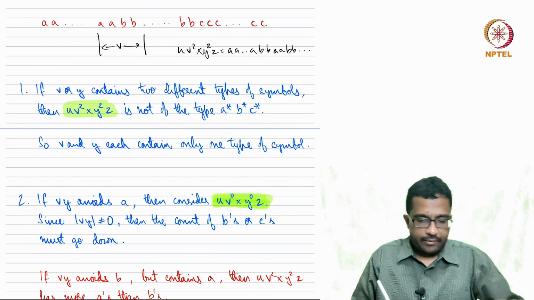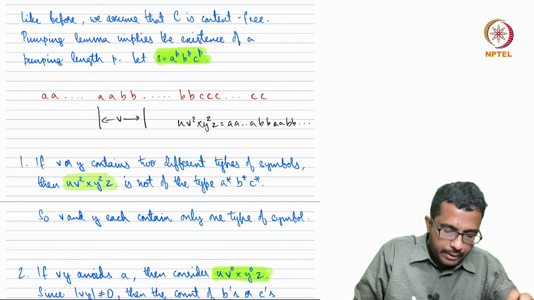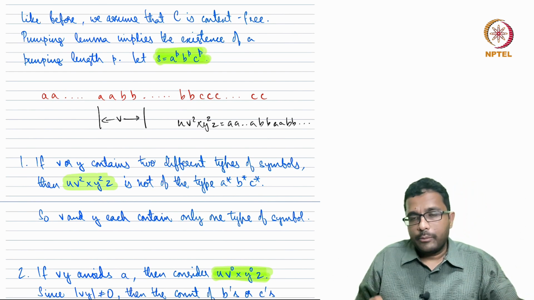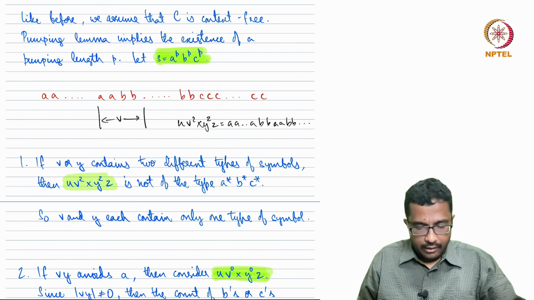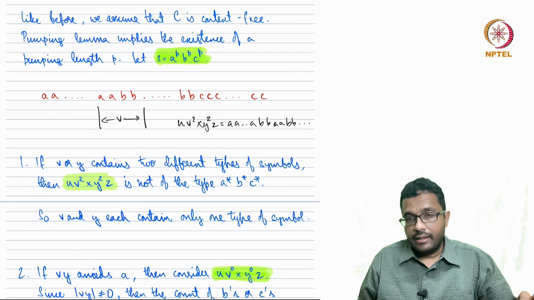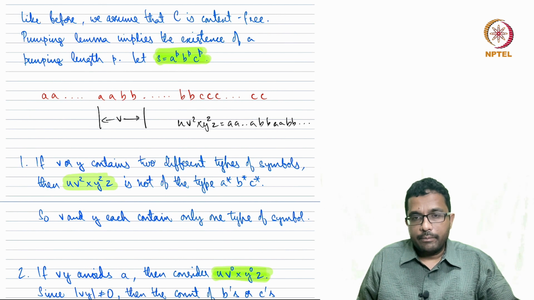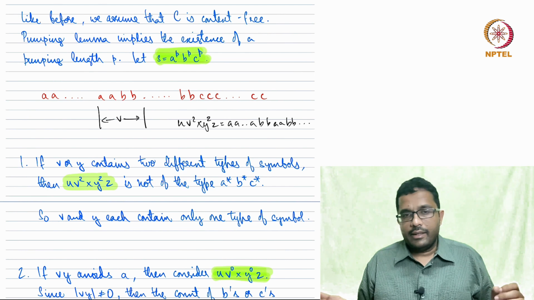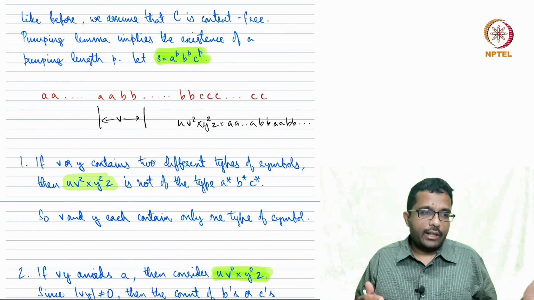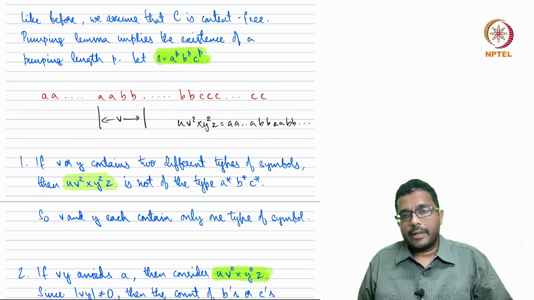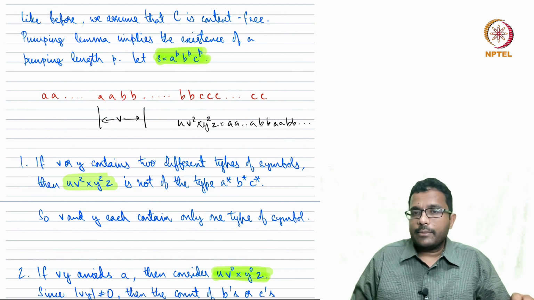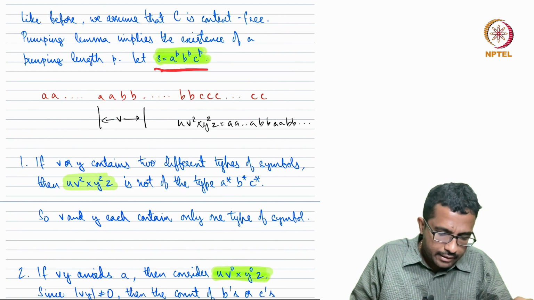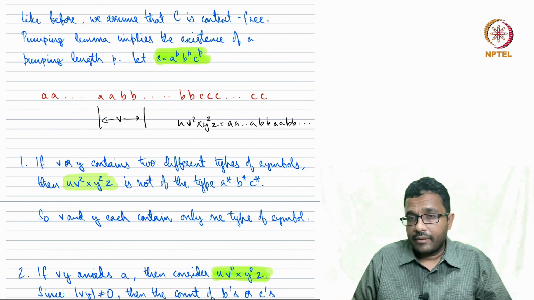Now consider the string u, v power 0, x, y power 0, z, meaning from the original string s. So s was a power p, b power p, c power p. I am removing a copy of v and removing a copy of y. I know that vy is non-empty, which means either I am bringing down the number of b's or the number of c's in the string, because if v or y avoid a, they must contain b's or c's, and we know it's not empty. So either the number of b's or number of c's should come down, and in the string s, the number of a's, b's and c's are all equal.